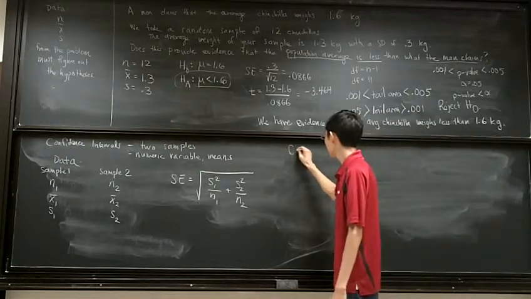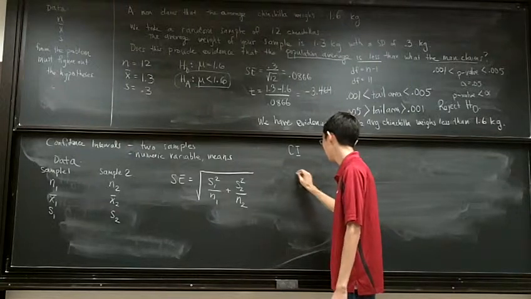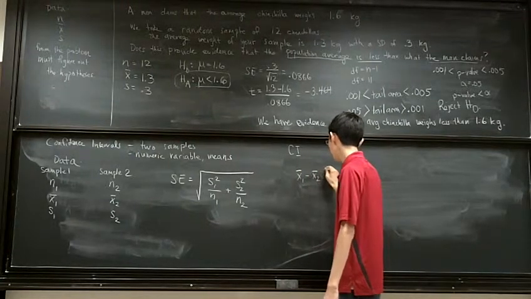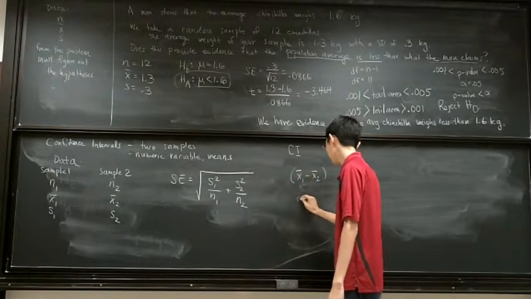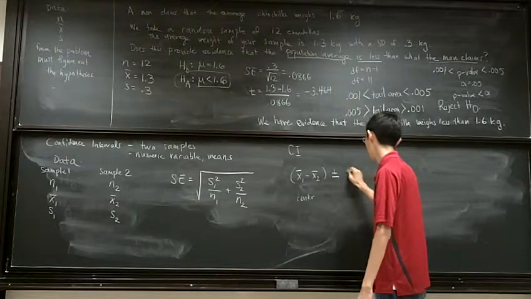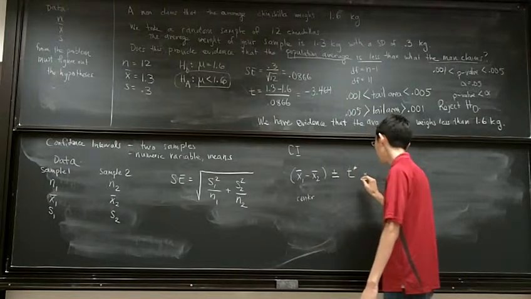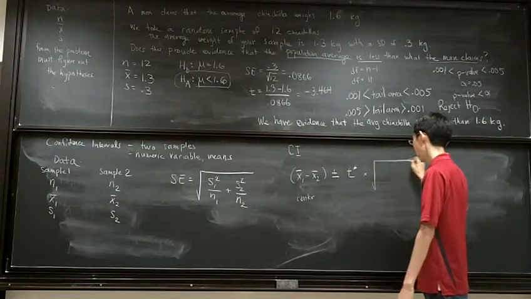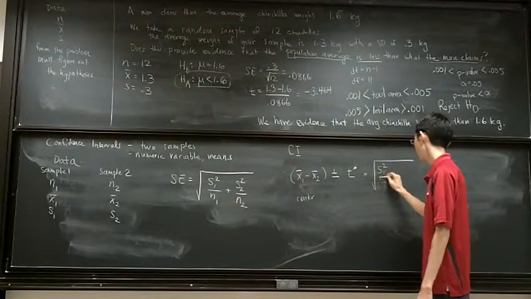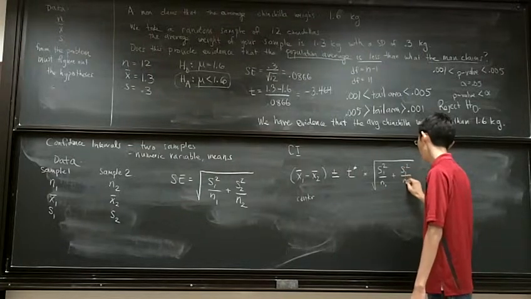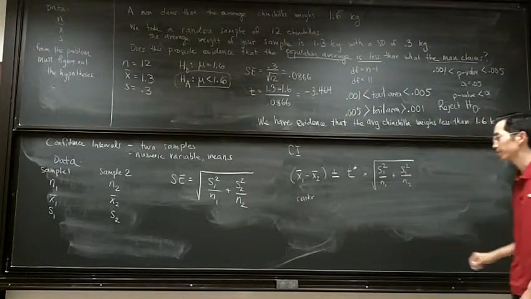And your confidence interval: x bar 1 minus x bar 2 goes in the center. This is the center of the interval. Plus or minus t star times the standard error, which is the square root of s1 squared over n1 plus s2 squared over n2.